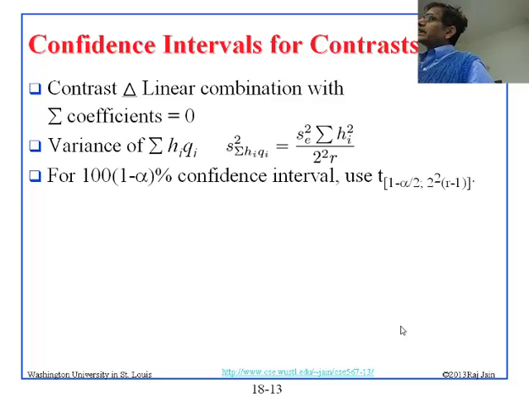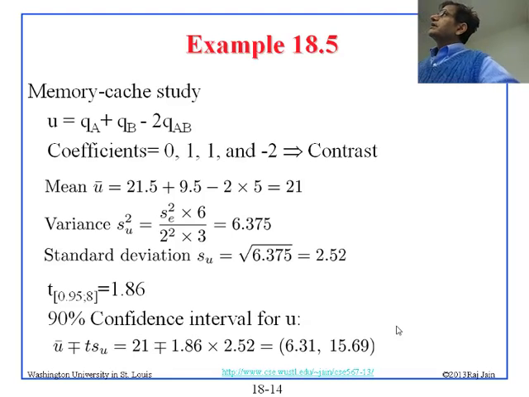Alright, let me give you an example of a contrast. Let's say you want to measure QA plus QB minus 2QAB. Why? I don't know, for some reason. We'll see some valid ones later. This one is totally just an example. The coefficients are 1, 1 and minus 2, they add up to 0. So this is a contrast.